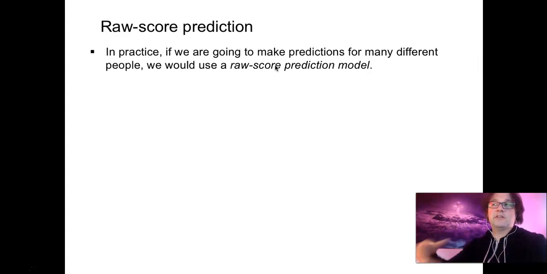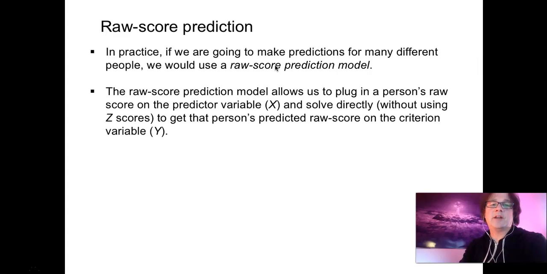If somebody came in with this score on the x variable, or predictor, what would their predicted y score be? If we want to make predicted scores for individuals, we might want to use a raw score prediction model rather than a standardized prediction model.